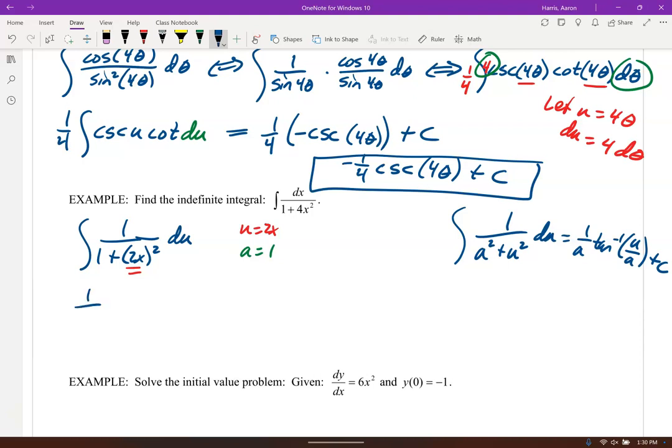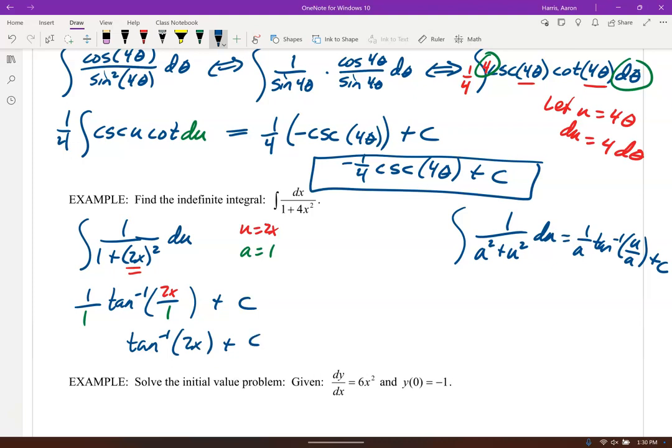So it's 1 over a arctangent of u over a plus constant. So this just ends up being the arctangent of 2x plus a constant.